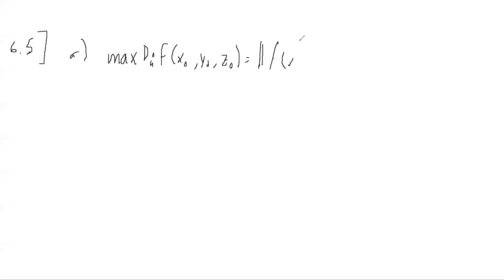Your x naught and y naught are two different things. So this will be your f of x, your f of y, and your f of z. Hopefully I wrote this as well for 6.3. If I didn't, just keep in mind that it is actually supposed to be your f of x value and your f of y value with those vector numbers plugged in, right?